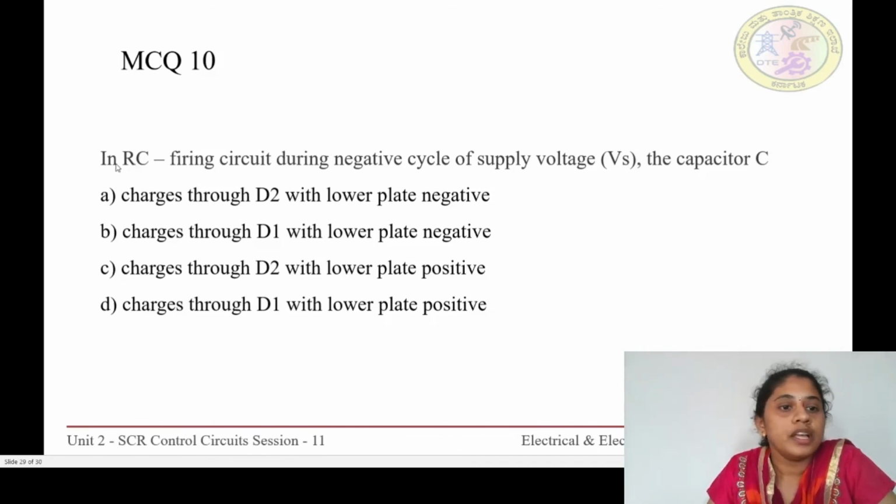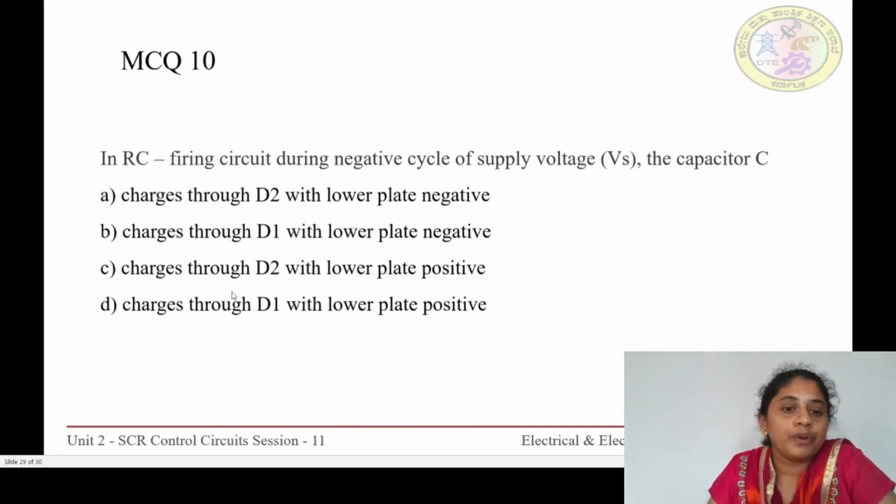The last question: in RC firing circuit, during negative cycle of supply voltage, the capacitor C, the options are: A, charges through diode D2 with lower plate negative; B, charges through diode D1 with lower plate negative; C, charges through diode D2 with lower plate positive; D, charges through diode D1 with lower plate positive.